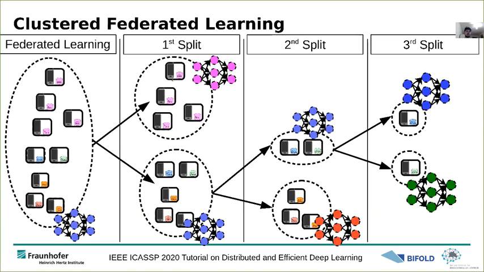If the clients within this split are then sufficiently similar with respect to their data distribution, the clustered federated learning process stops here. But for a different cluster, it could be otherwise, and this cluster could be separated even further and split up. So this basically gives you different layers of specificity.